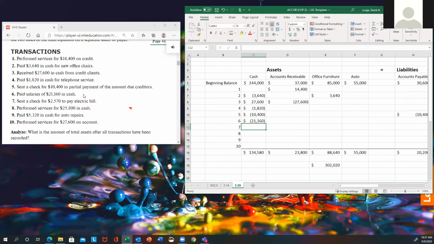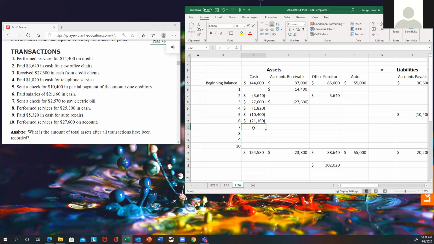Number 7, and as you can see, they're starting to use some of the same terms. Number 7 says sent a check, just like number 5 says sent a check. So number 7, sent a check to pay the electric bill. We know that's going to be cash, and the electric bill isn't telephone service, but it's the same category. So we've got cash, and then the offset would go to expenses.